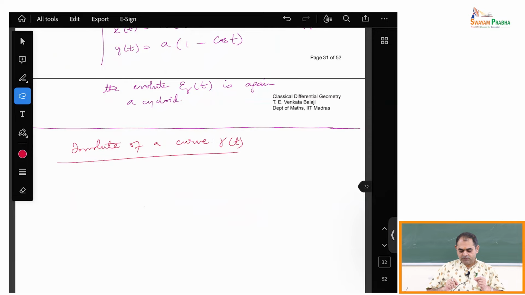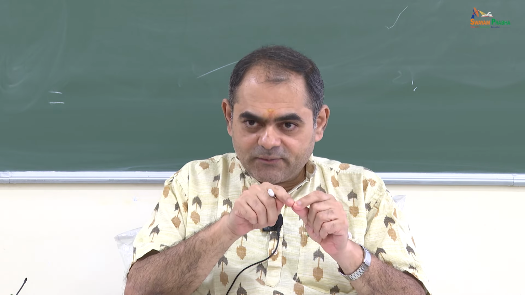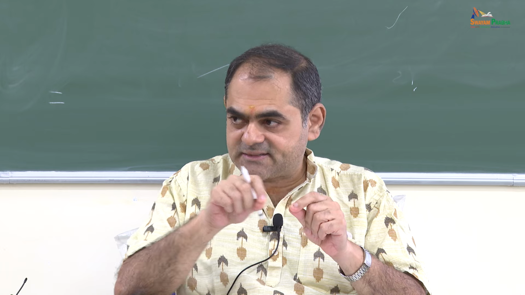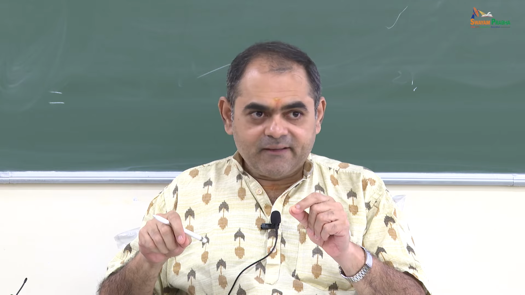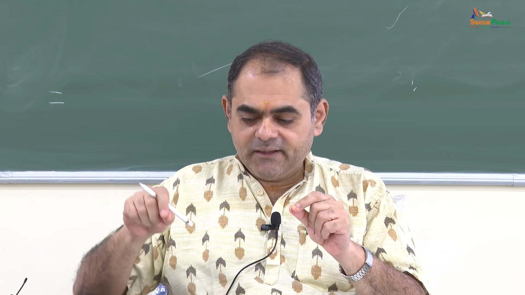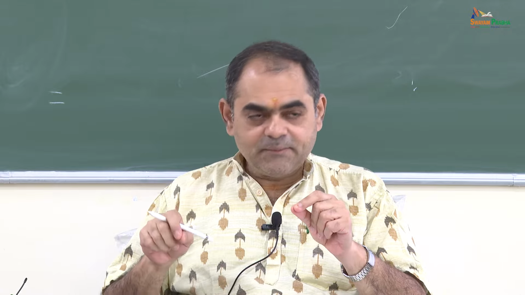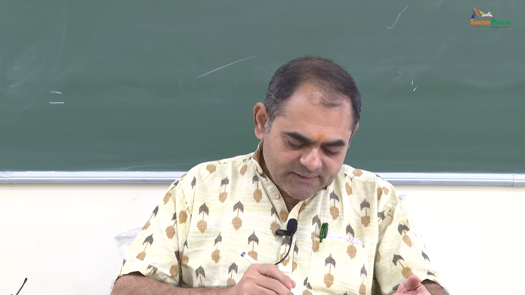You imagine a portion of the curve from some fixed point to some other point with some fixed length, and assume that the curve is there as a string. Then you gently unwind the string, and the tip of the string will trace a curve, and that will be the involute.